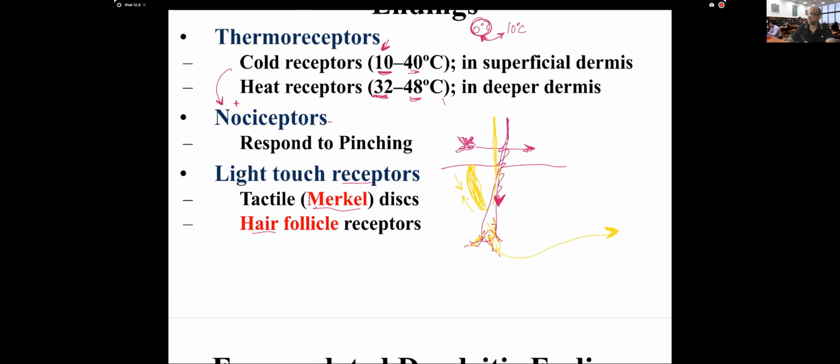But the hair follicle receptors, those were the free nerve endings that we've seen surrounding the hair follicle, and they send information about the state of the vibration and movement of the shaft of the hair. And this tells me whether there is something that moves on my skin. So it helps with light touch sensation. Exactly.